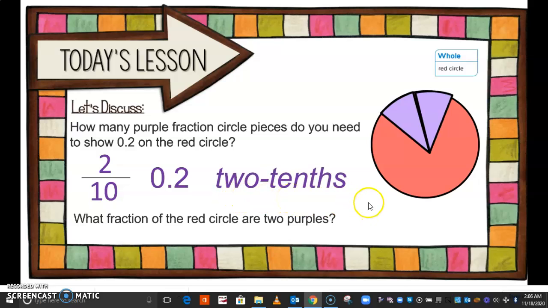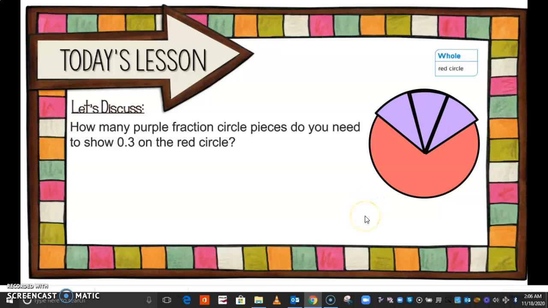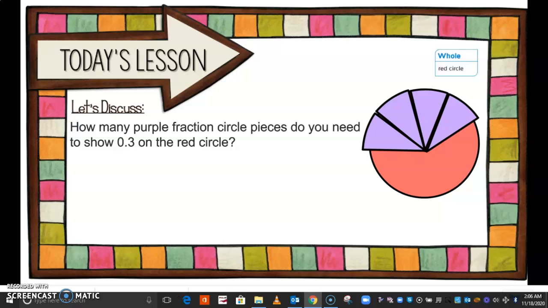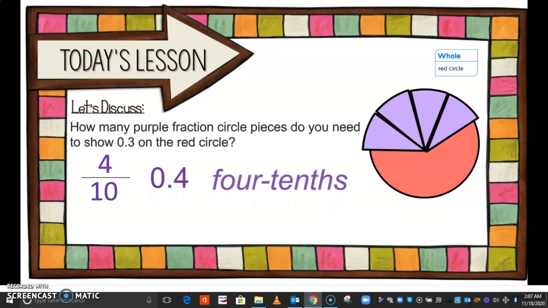And we can do these with more and more, right? 0.3 is the same thing as 3/10. Written out says three tenths. Let's do 4. There's 4 fraction pieces. Oops, that should have said a 4 right there. We have 0.4, 4/10, and four tenths. All of these are different ways to show 4/10. They are all the same thing.